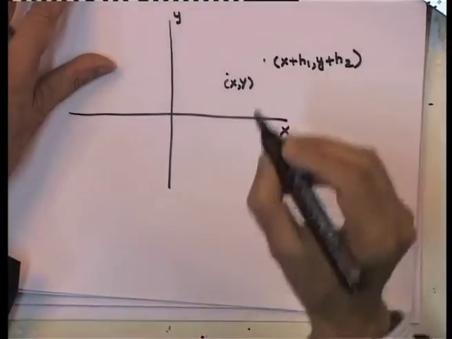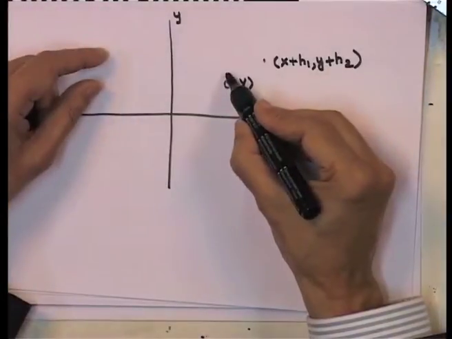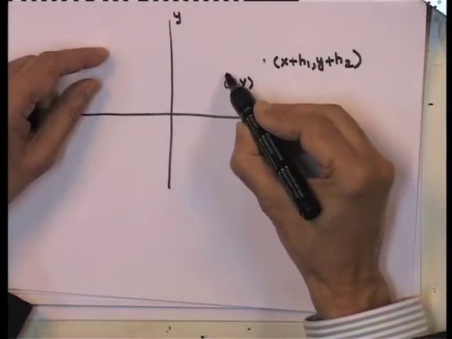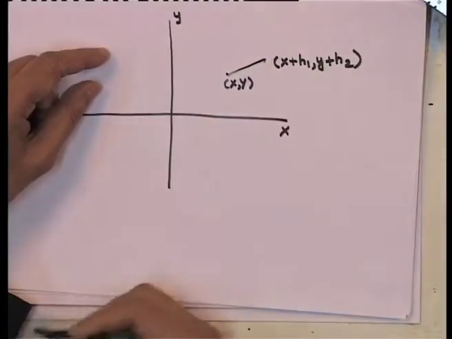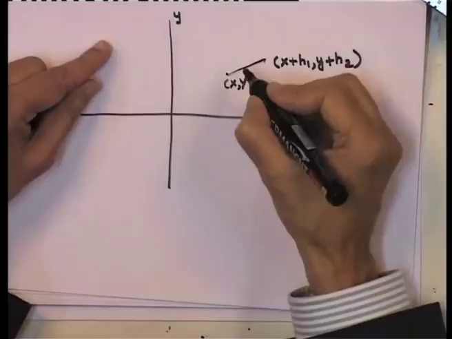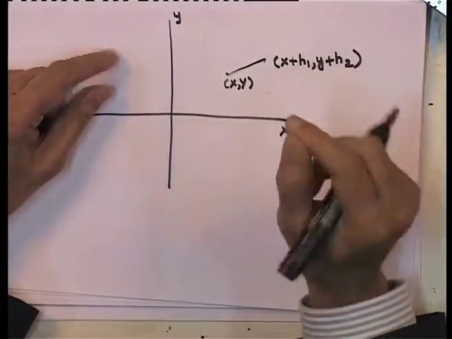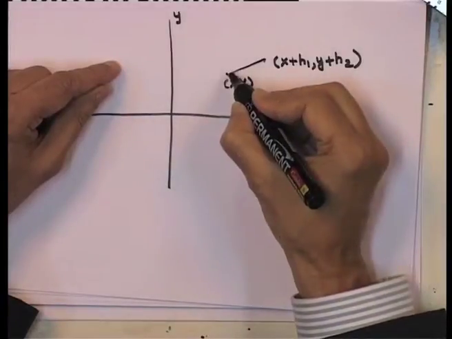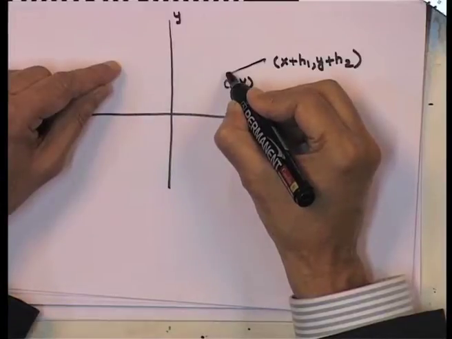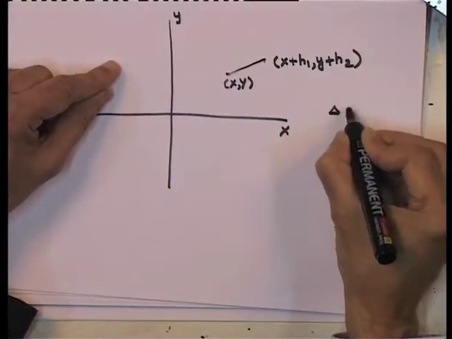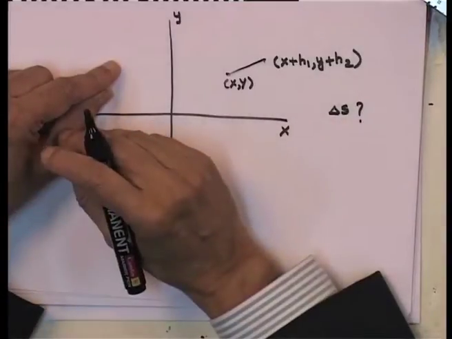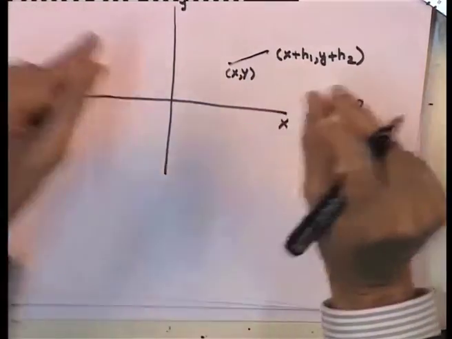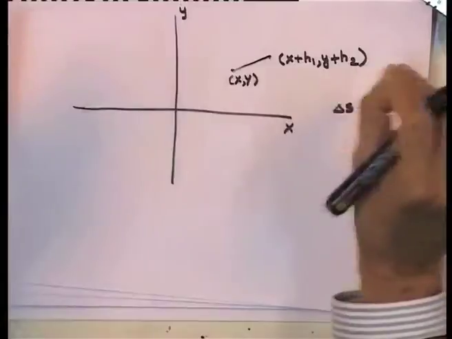Now, the point is the following: if I want to go from this point to that point, since I have 2 points, the direction is clear. But you notice that if I ask what happens to the value of the function as I go away from this point x y by an amount delta s, for instance, in one dimension, delta s could be in either of the 2 directions, just positive or negative.